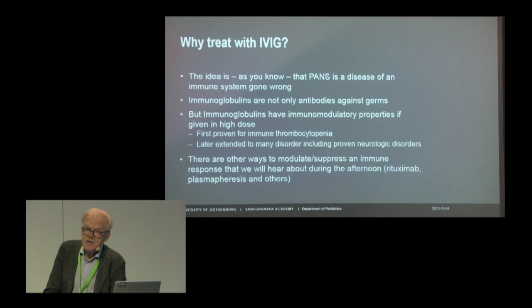Immunoglobulins, yeah, they contain antibodies to bacteria, viruses, but they also have what we call immune modulatory properties if given in high dose. Immune modulation means in some way you could say bring back the immune system to the normal, or to direct it to a certain point for certain purposes, to differentiate it, as you can also use immune suppression to treat immunological disorders.